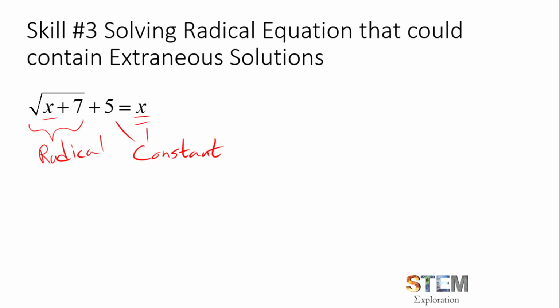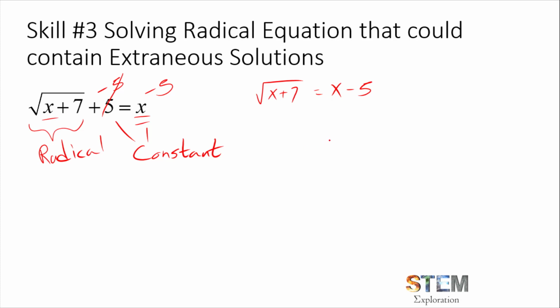So we need this radical portion, this x plus 7 to the 1/2 power, separate from everything else. To do that, we're just going to subtract 5 from both sides. That'll remove this component, and we'll get the square root of x plus 7 equal to x minus 5.